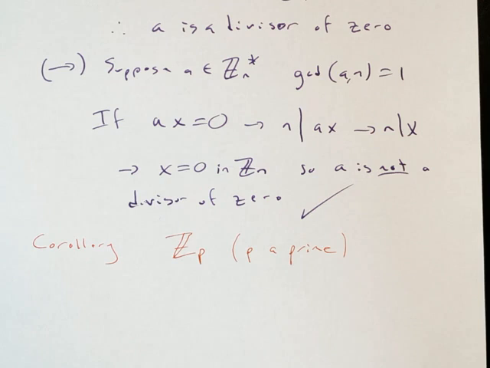Since p is prime, the elements are everything less than that prime, right? So Z5, I've got 0, 1, 2, 3, 4. Z19, I've got 0 through 18. Those numbers are not necessarily prime, but the modulus, p, is prime.